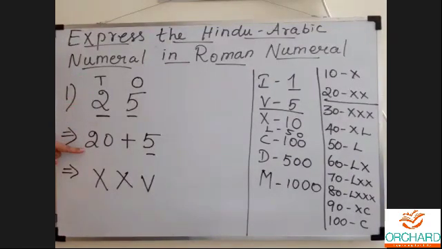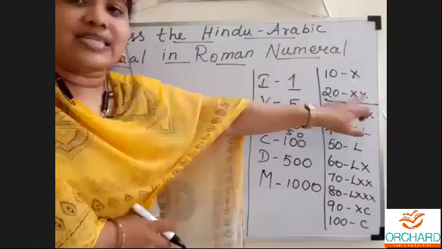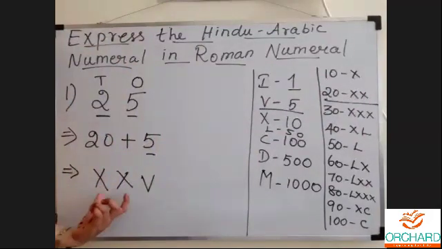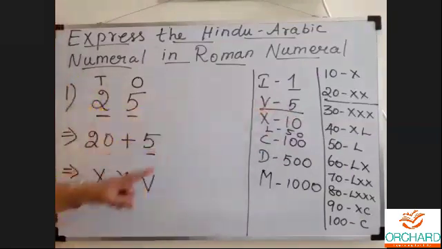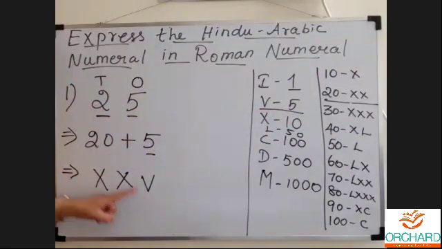We have to expand the value. 2, which stands in the place of 10, so 2 tens are 20, plus 5, which stands in the place of 1, so 5 ones are 5. So the value 20 can be expressed as XX, and the number 5 can be expressed as V. Here 25 can be expressed as XXV. Is it clear, children? Can I go for the next problem?